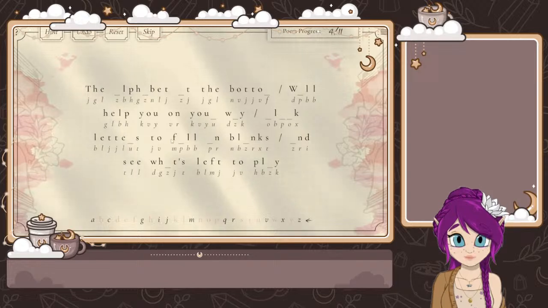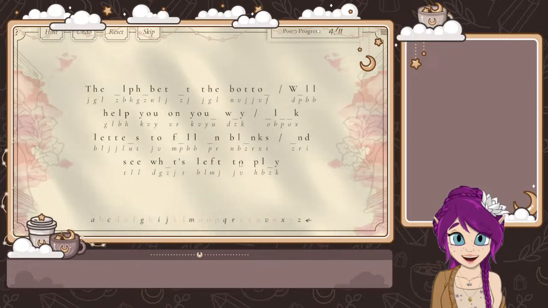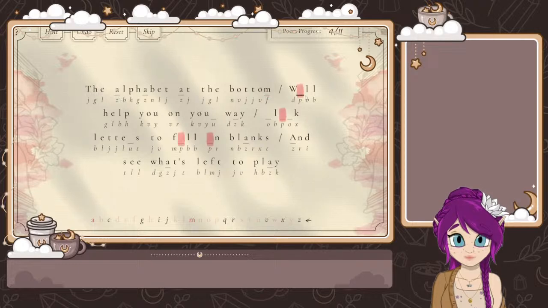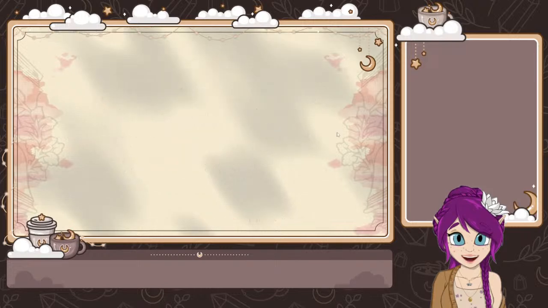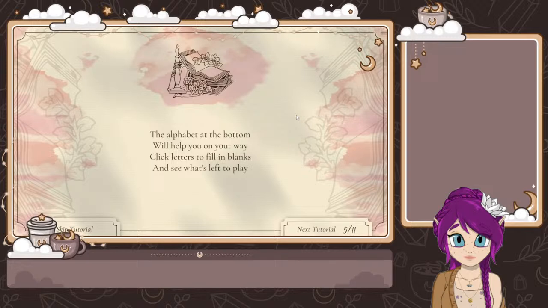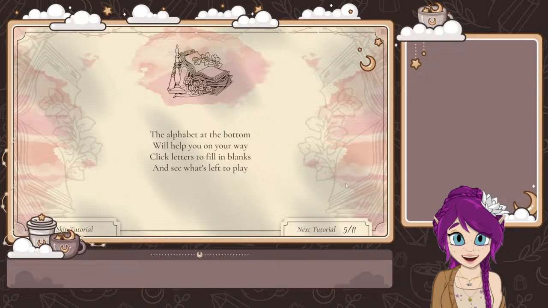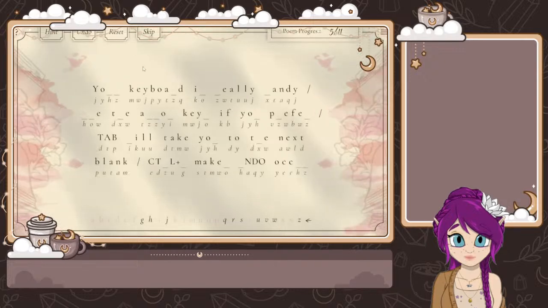The alphabet at the bottom will help you on your way. Click letters to fill in blanks and see what's left to play.